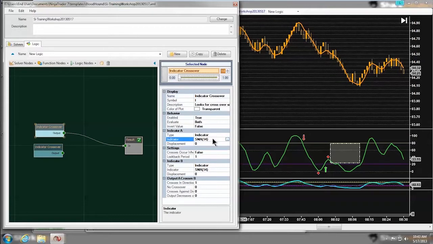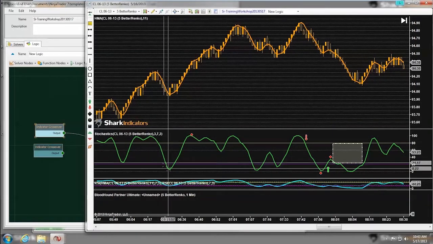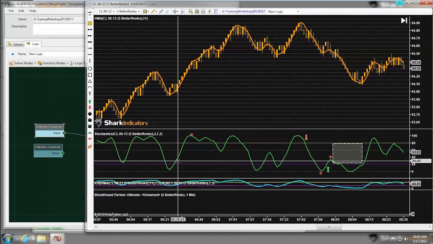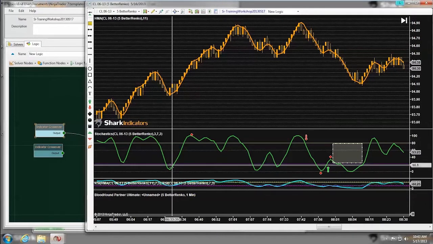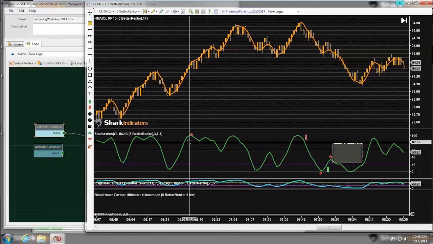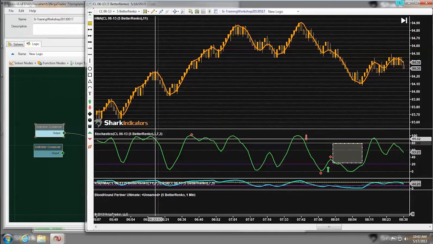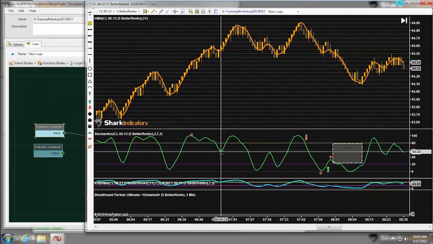All right, so first of all, I sped up the stochastic so it has the pattern that I want. I'm trying to find a pattern where the indicator doesn't switch back and forth very often.